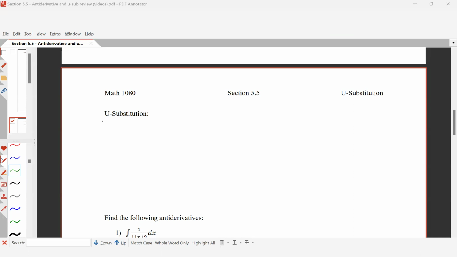And what U-substitution goes along with, in the idea of antiderivatives and derivatives being opposites, is the chain rule.